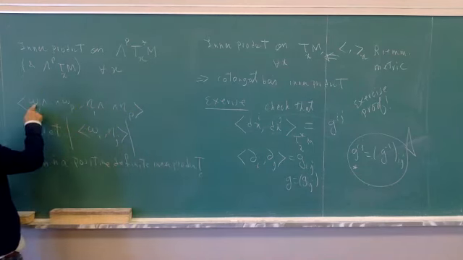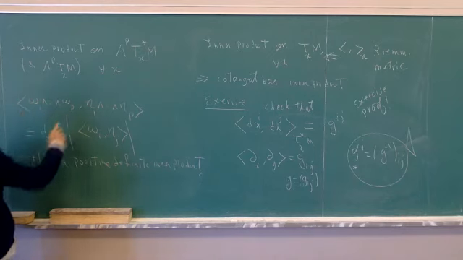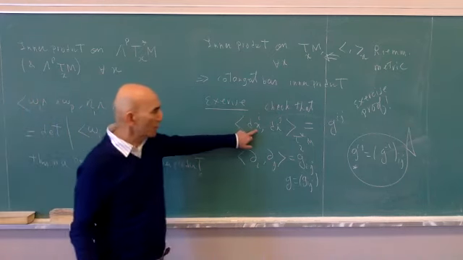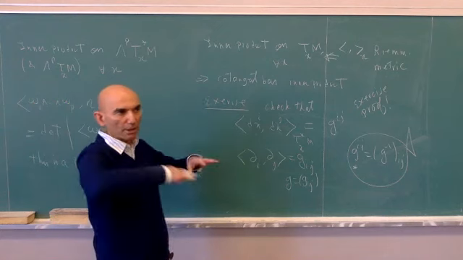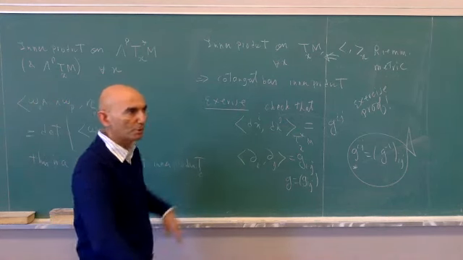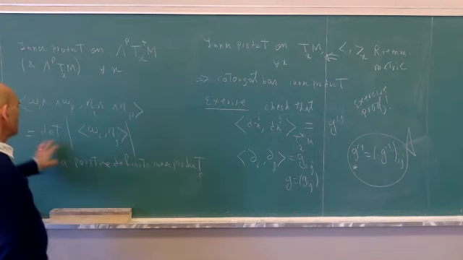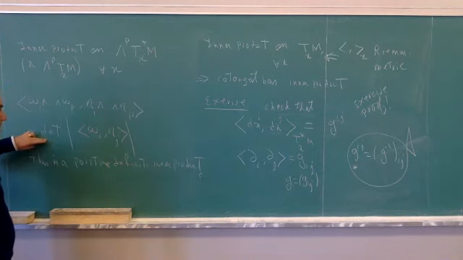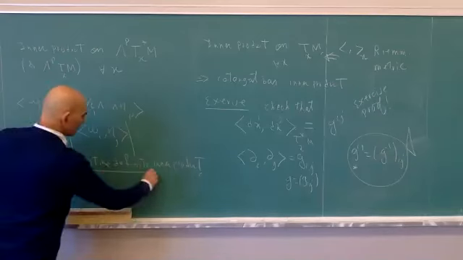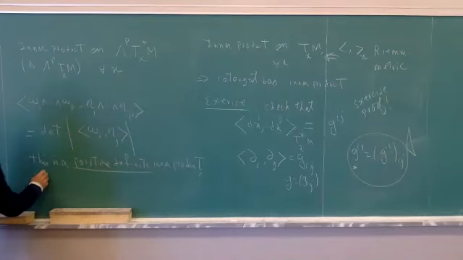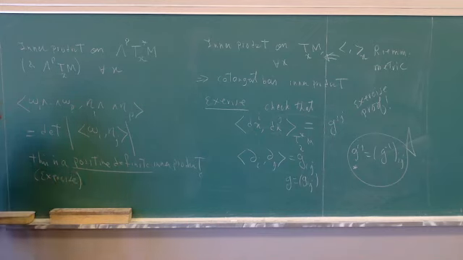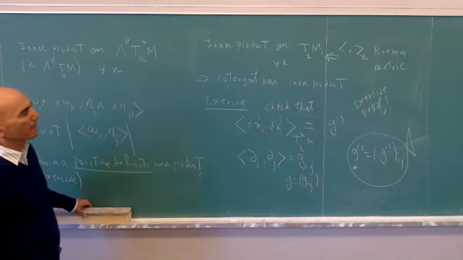Because these are one-forms, and I can use this construction to get the inner products pointwise, at each point, right? So I use that, and this is the definition. Here you have to check that this is positive definite.